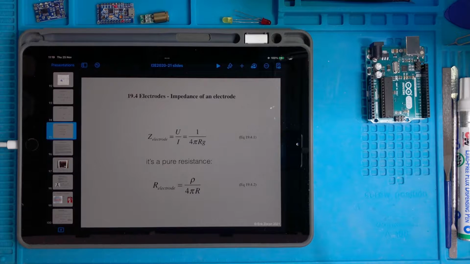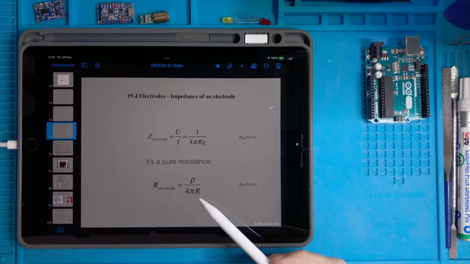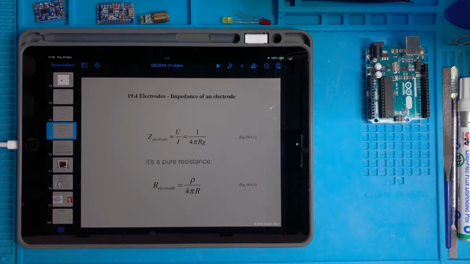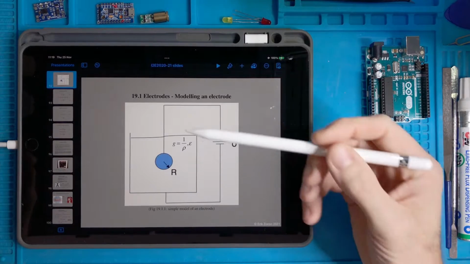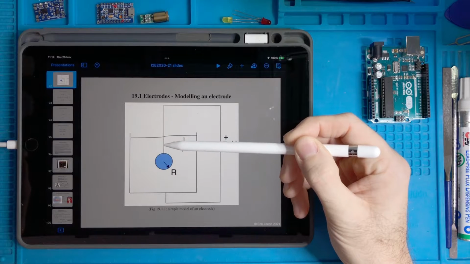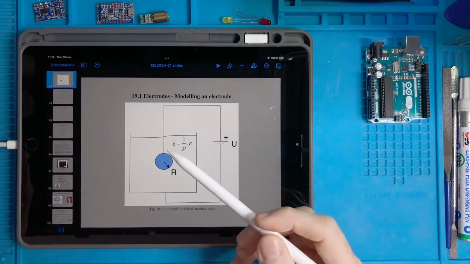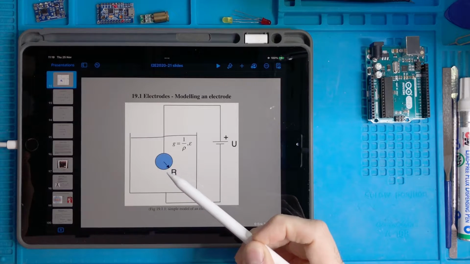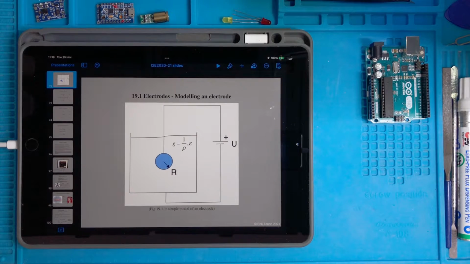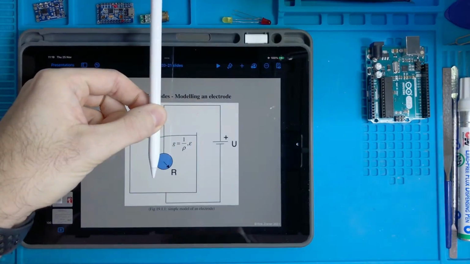Then in real life it's not really like this. I mean, this proportion is still maintained, but the electrode is not a pure resistance because our model is too simple. For instance, when I said that this wire is insulated, this wire is very thin compared to the sphere in this drawing, but in real life it's not so thin because it's the shaft of an electrode, so the electrode is something like this.